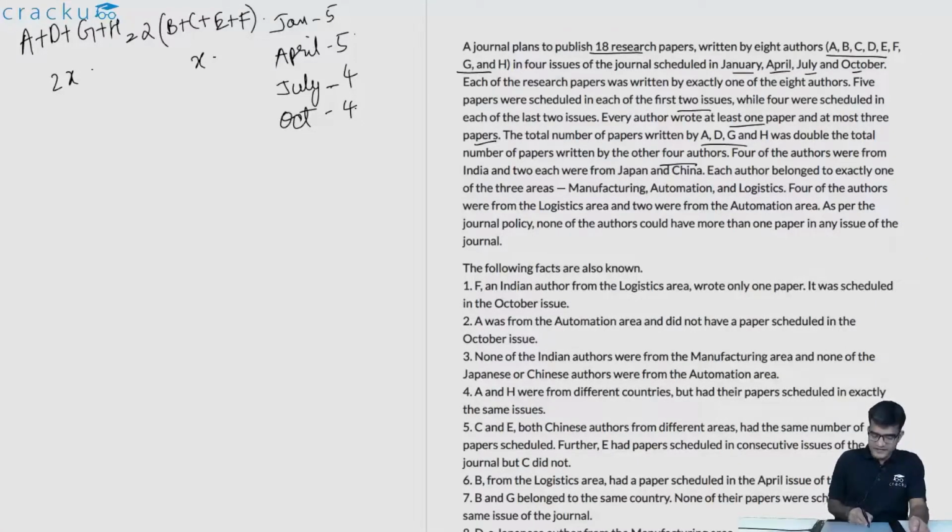And the sum of x plus 2x is equal to 18, which is the total number of papers, so the value of x is equal to 6. So B, C, E, and F wrote 6 papers, while A, D, G, and H wrote 12 papers.